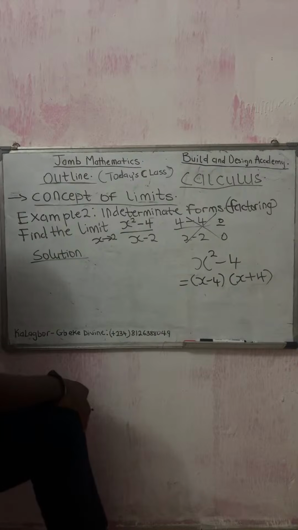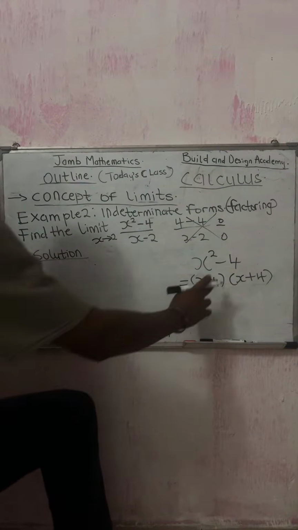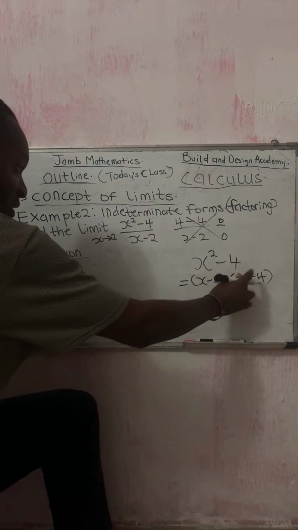I've said this in our previous classes. They are perfect squares. 2, not 4, sorry.